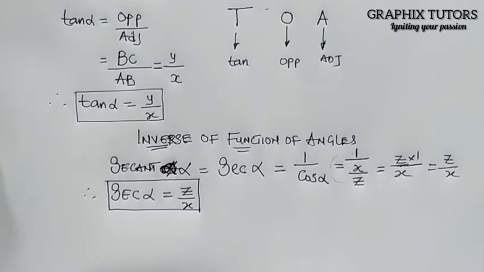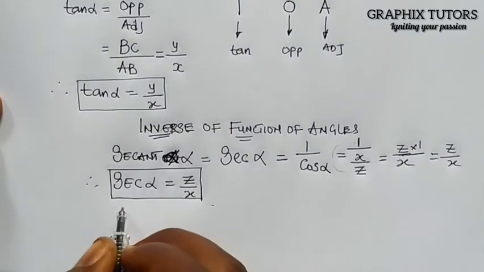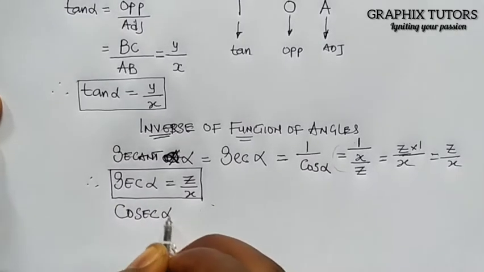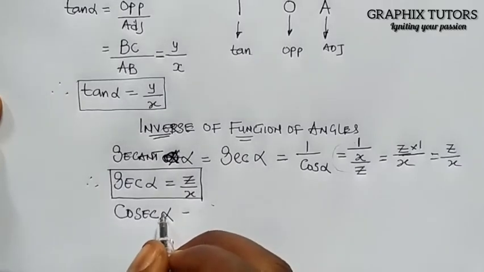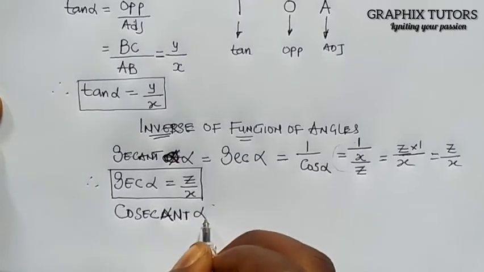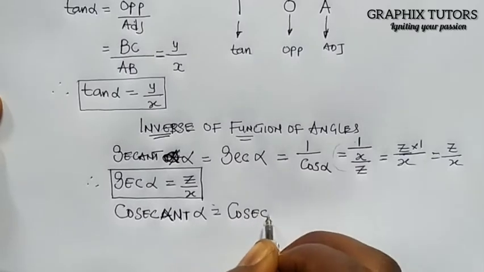Now the next one is cosec alpha, or we'll call it cosecant of alpha.